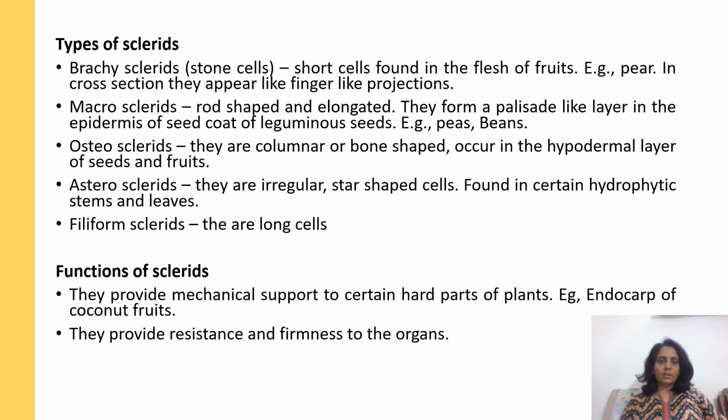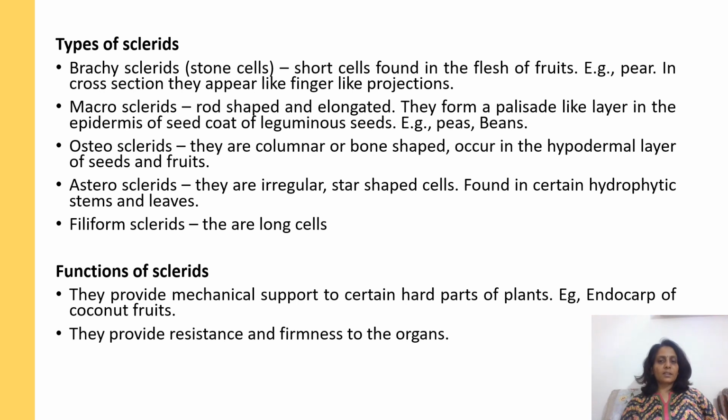Osteosclereids are columnar, bone-shaped, occur in the hypodermal layer of seeds and fruits. Asterosclereids are irregular, star-shaped cells found in certain hydrophytic stems and leaves. Filiform sclereids are long cells.